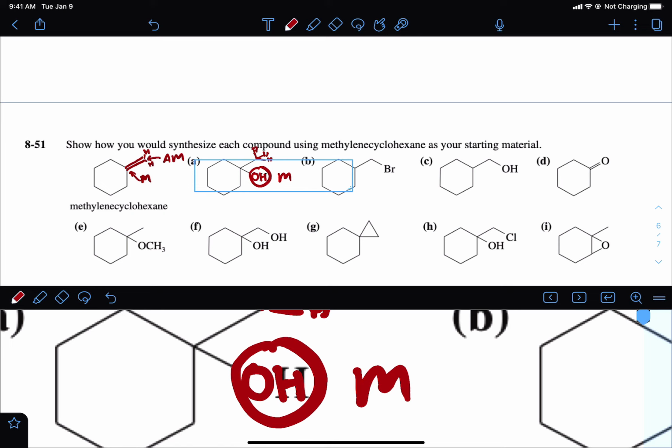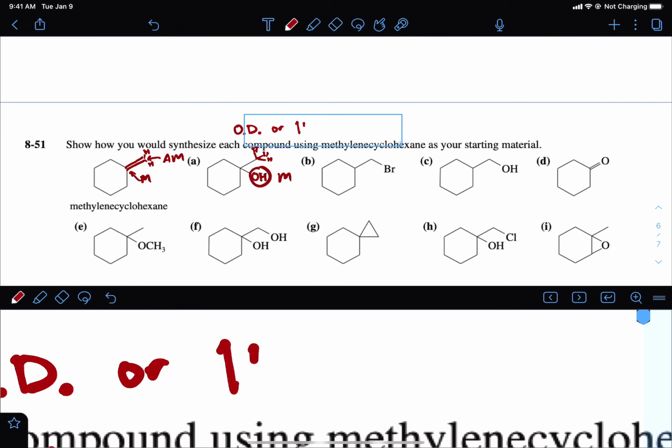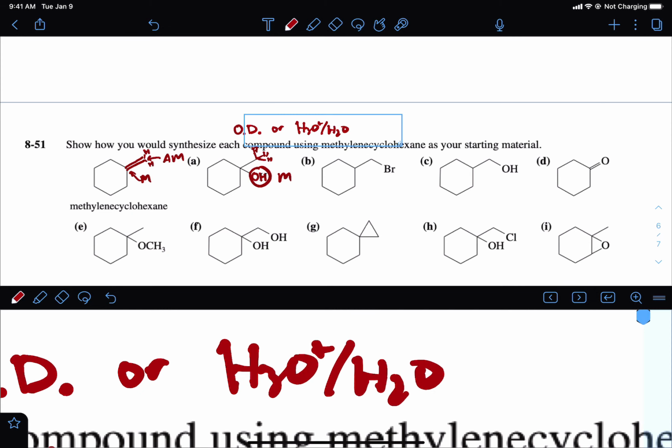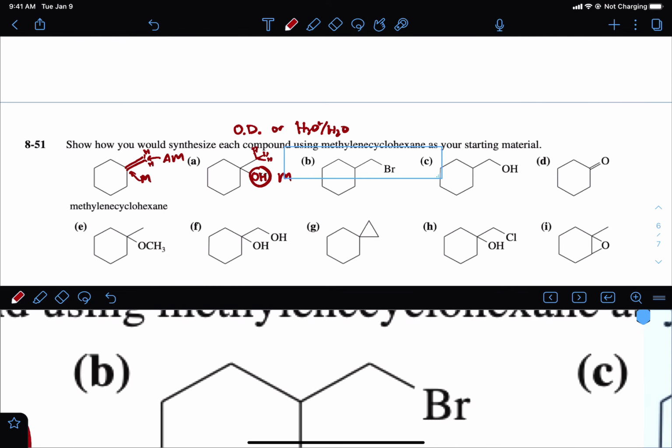So Markovnikov hydration, we could do that with oxymercuration, demercuration, or H3O plus and H2O. Markovnikov OH. All right, over here, what are we doing? We're adding the bromine to the less substituted side, and we're adding an H to the more substituted side.